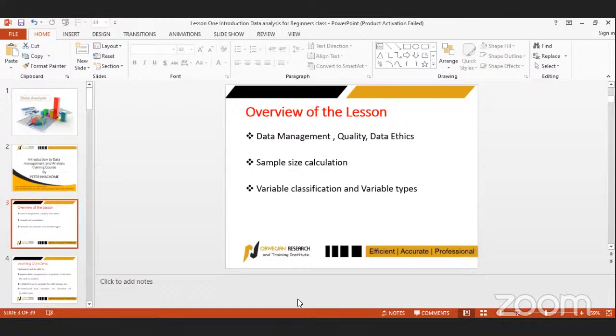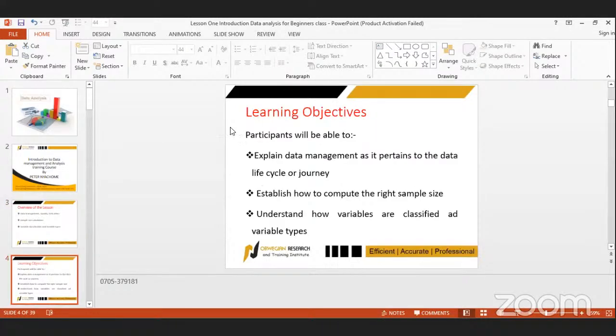And one of the things that we want to do, the learning objectives: the participants will be able to accomplish the following at the end of the training program: explain data management concepts as it pertains to the data life cycle, establish how to compute the right sample size in any survey that you conduct, and how to do adjustment to the various surveys that you will be running, understand how variables are classified, and also the different variable types that we have.